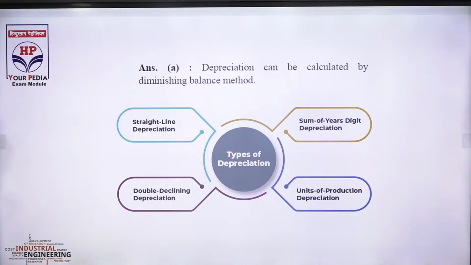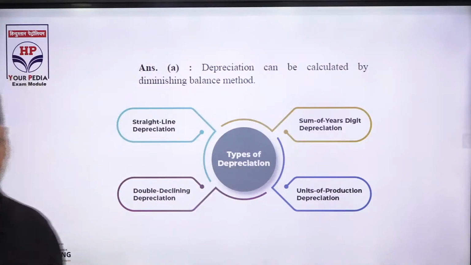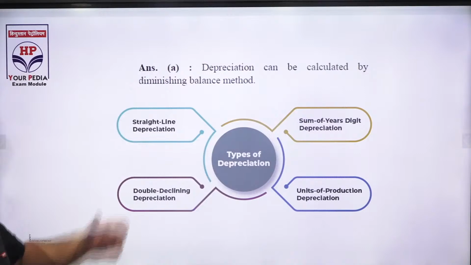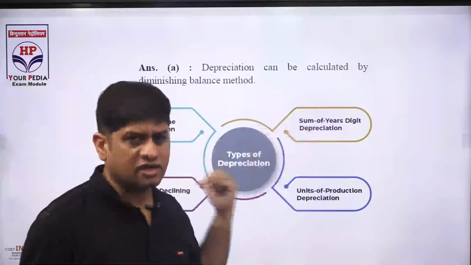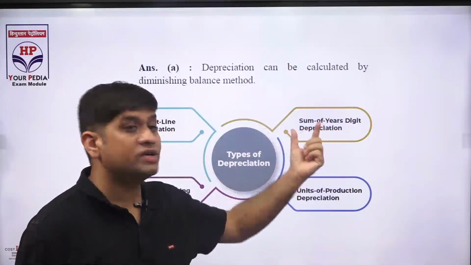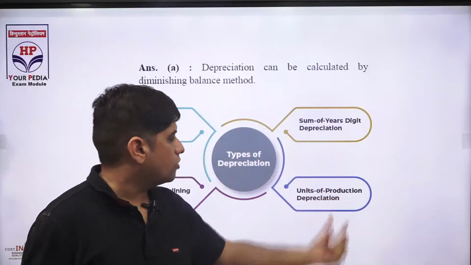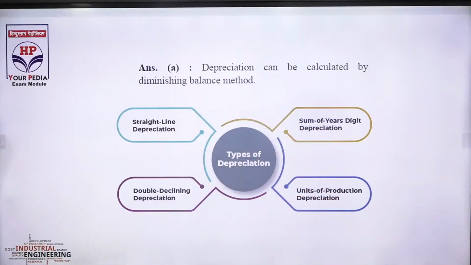Just write the names: straight line, declining, double declining, sum of years digit, unit of production. Depreciation can be calculated by these methods.